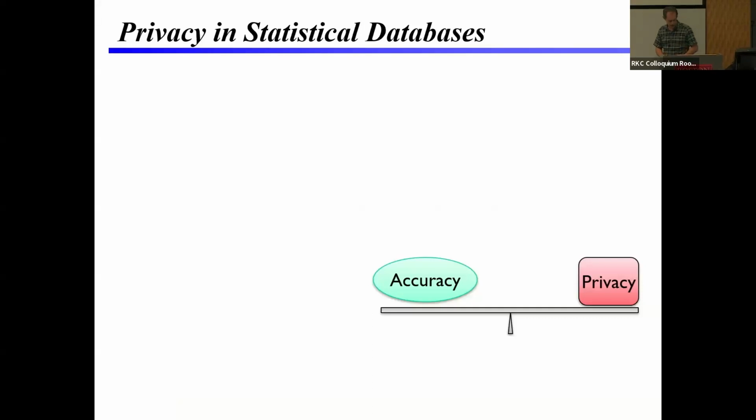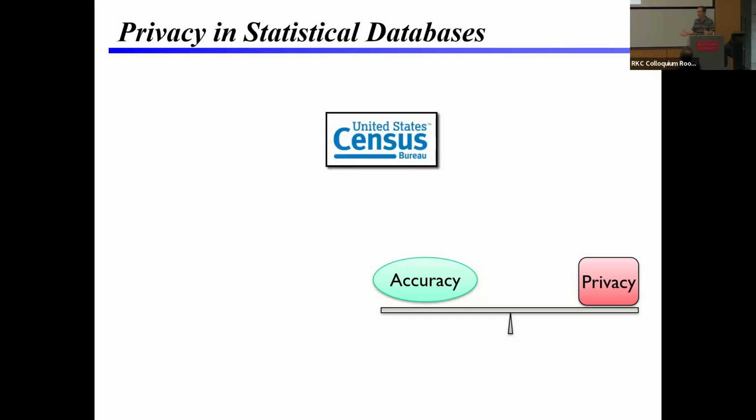Specifically, I've been looking at privacy in statistical data sets, in statistical databases, where there's this fundamental tension between accuracy and the kinds of privacy goals people articulate. So consider, as an example, the problem faced by the United States Census. They collect data from all of us all the time through the decennial census, but also through many other surveys about our income and all sorts of more obviously sensitive aspects of our lives.